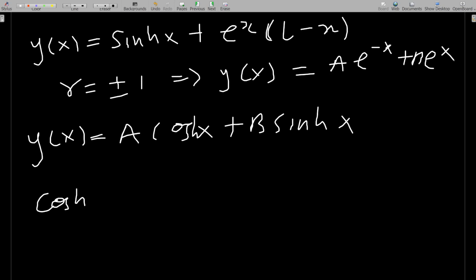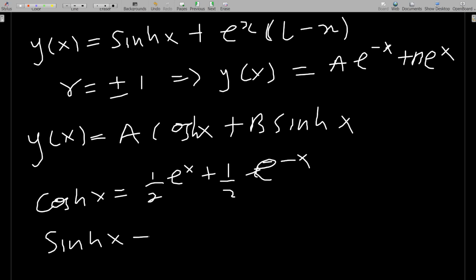But this is the same as this, because cosh x is giving us 1 over 2 e to the x plus 1 over 2 e to the negative x, and sinh x is equal to 1 over 2 e to the x minus 1 over 2 e to the negative x. When you add these two, it means cosh x plus sinh x is equal to e to the x.